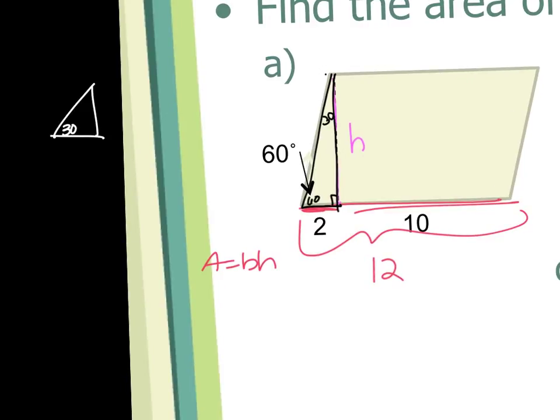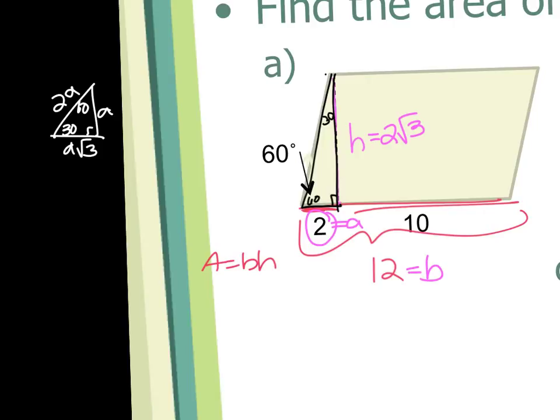Opposite the 30 is A. Opposite the 60 is A root 3. And opposite the 90 is 2A. So this 2 is opposite the 30, which means that's the A. The height is opposite the 60, which means it'd be what? Good. A root 3, or 2 square root 3.